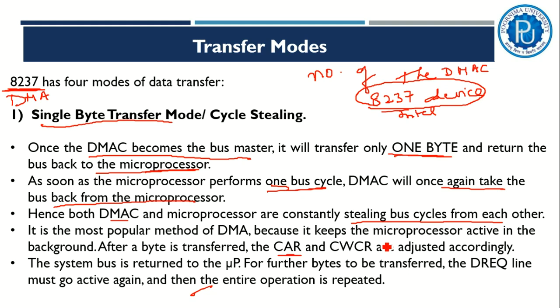The CWCR holds the number of bytes which are to be transferred, and the CAR holds the address from which the data has to be transferred. The system bus is returned to the microprocessor. For further bytes to be transferred, the data request line must go active again, and then the entire operation is repeated. In this way, the cycle stealing mode works.